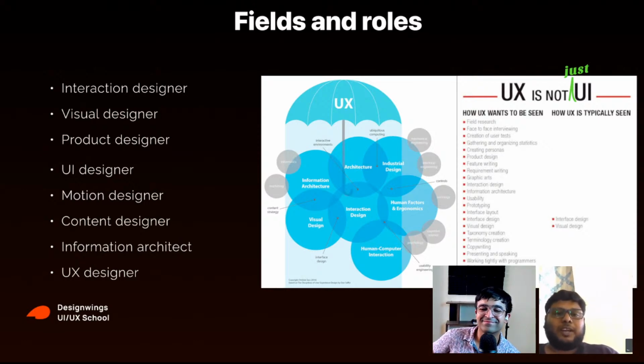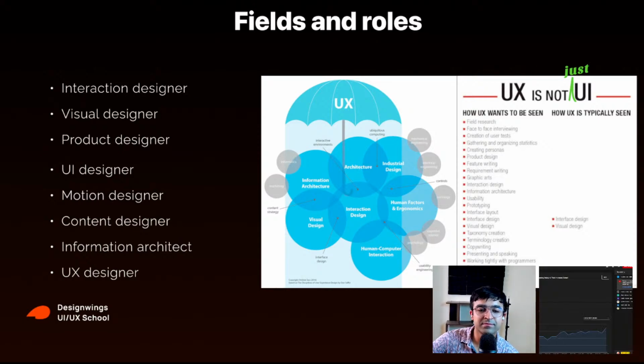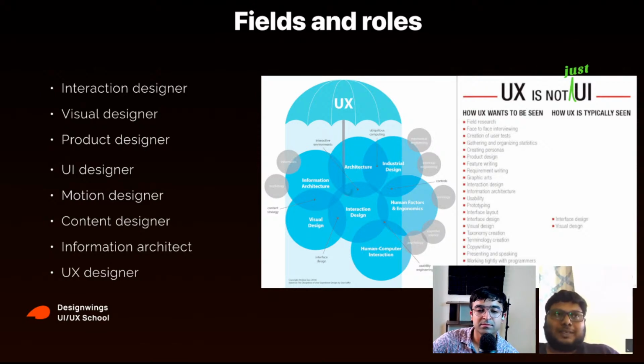So people are more inclined towards it. If you are more fascinated about motion, animation, moving stuff, then interaction and motion design will be a great choice for you. But all of these have the prime goal of creating a user-centered product.